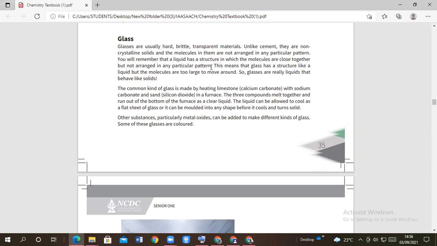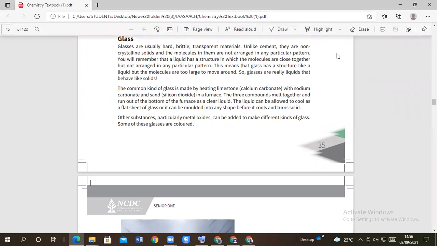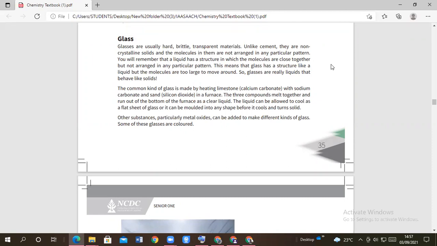It's not like solids, where particles are arranged in patterns. The reason solids have a shape is because their particles are arranged in a certain pattern. Liquids follow the shape of the container, while those of gases randomly move.